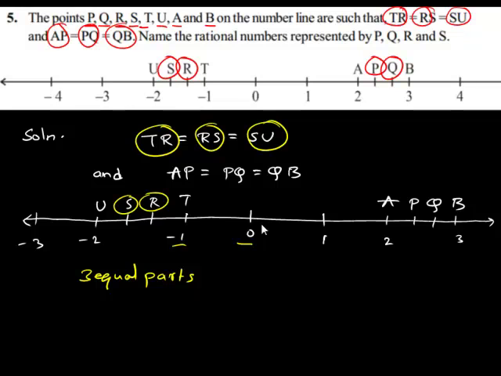Now let us divide this into 1 and 2. So we have 1, 2 and 3 parts in total. Then this point is -1 upon 3 because this indicates one part out of the 3 parts.